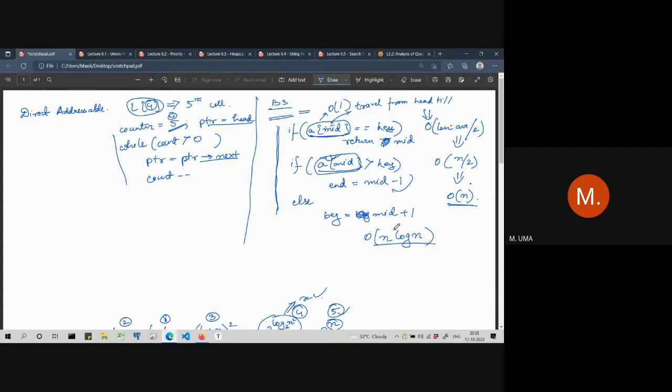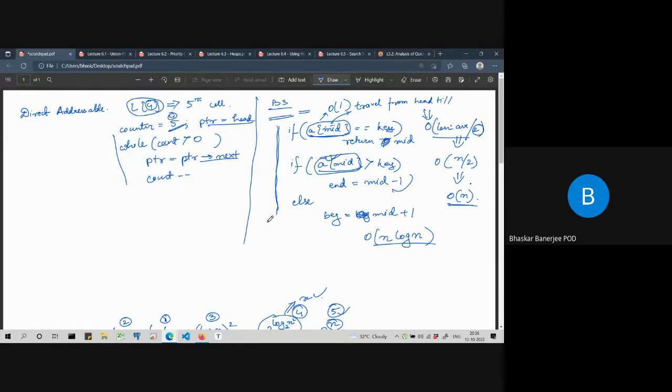That's it, because every time you are traveling, and then again you are calling recursively, and that recursion call can happen a total of log n times, correct? Because by 2 is anyway happening every time. So you would require log n steps to actually find the element.